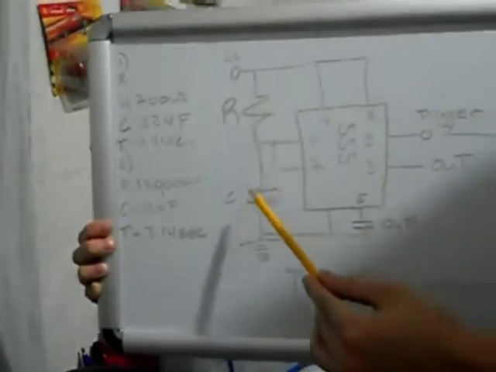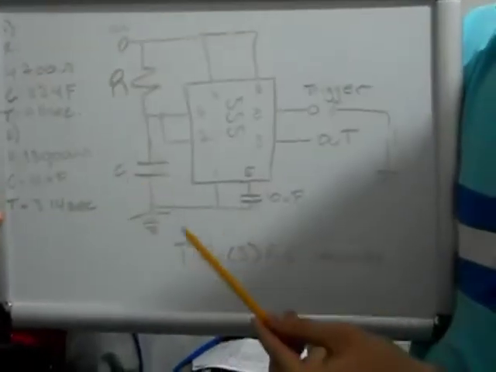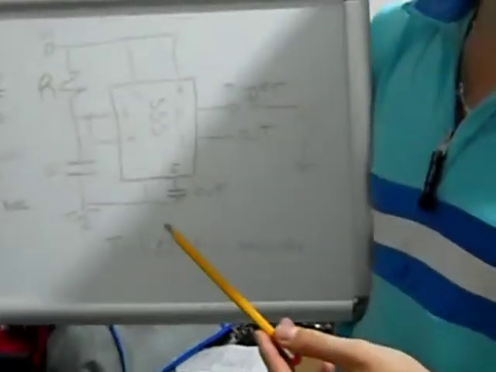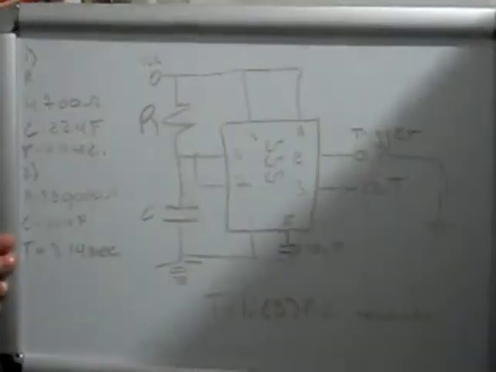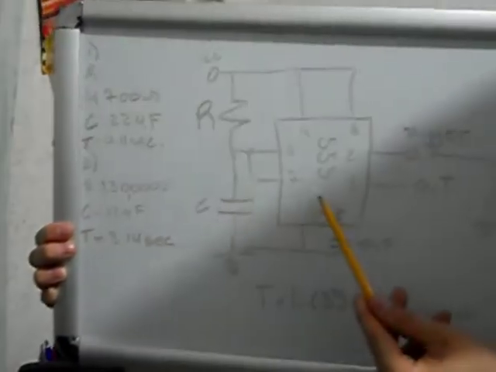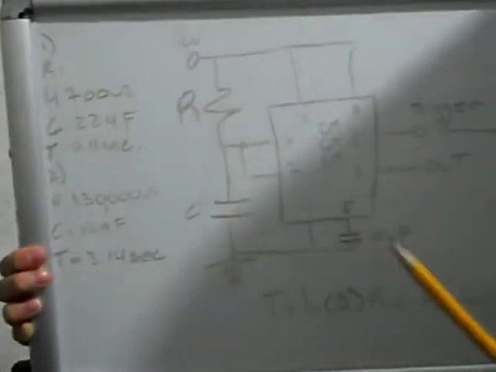And the relation between this capacitor and this resistor is going to give us the pulse time here in the output of the 555. So to activate the 555, we need a trigger.